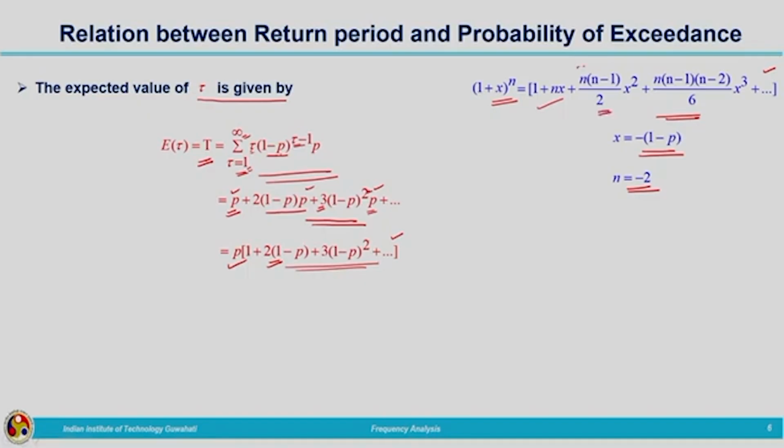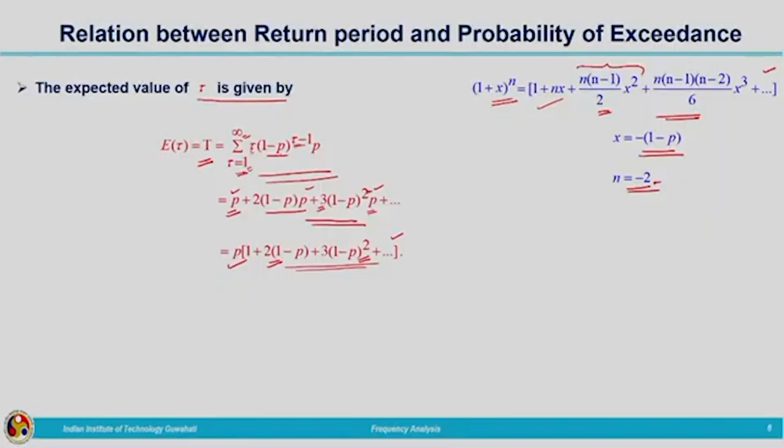Now look at the third term, n into (n minus 1) x square by 2. With n equal to minus 2, minus 2 into minus 3 by 2 is 6 by 2, that is 3, so 3 x square, which is 3 into (1 minus p) whole square. That term is given here. In a similar way, we can continue with the next terms in the series.